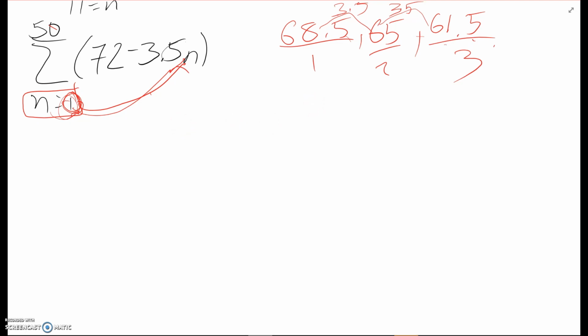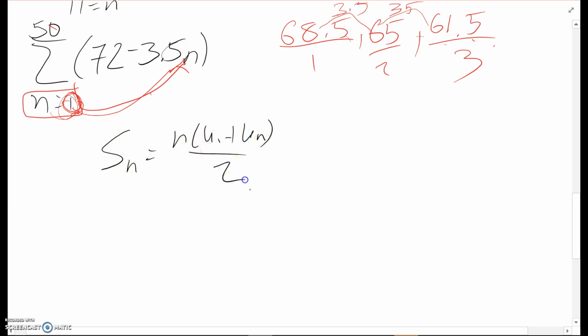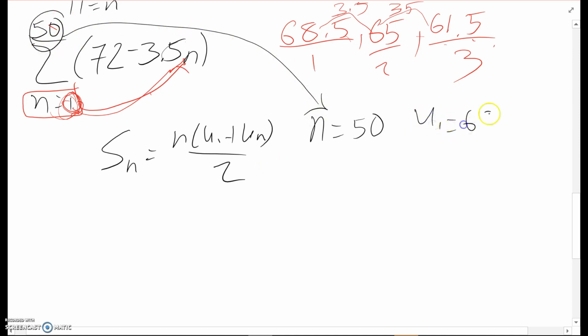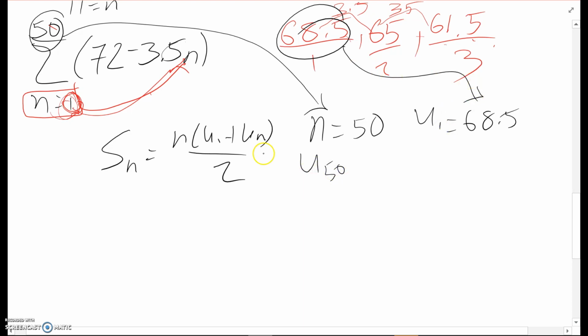I know it's arithmetic. I know that I'm going to be using S of n equals n times u1 plus un, all over 2. I know that n is 50 because of my top here, and I start at 1. I know that u sub 1 is 68.5 because I figured it out by putting 1 in. I don't know what u sub 50 is, so I have to figure that out, but I have the formula here.